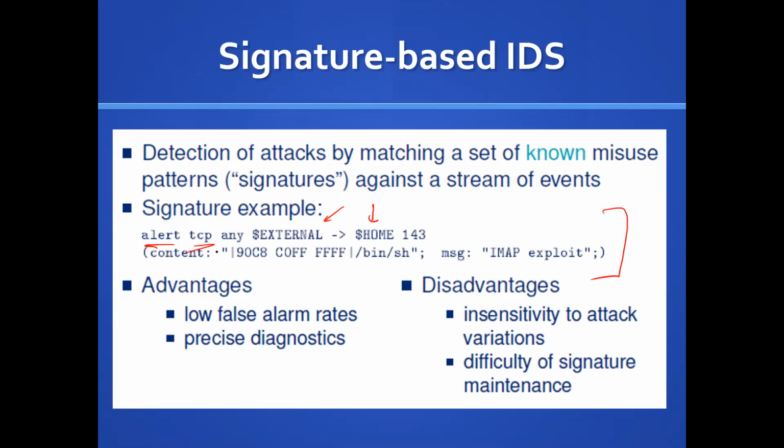Then for any port to that port, where the content contains this, which is hexadecimal, this is a call to the shell, right? The people that developed the signature figured out that whenever you see this payload and that information there, that is the IMAP exploit, a well-known network attack, and therefore they will trigger the alert.